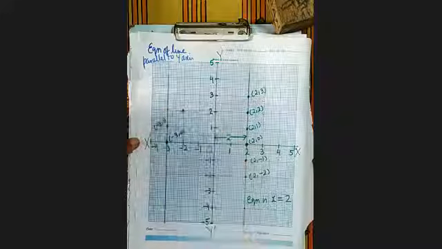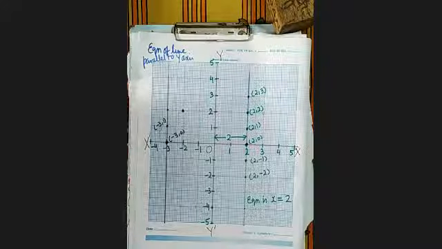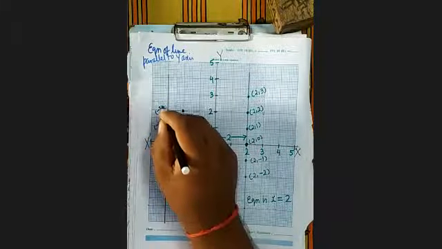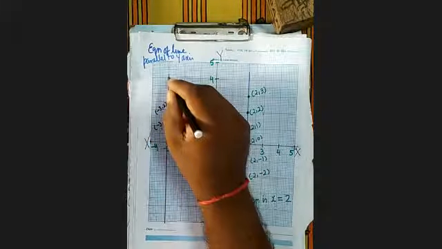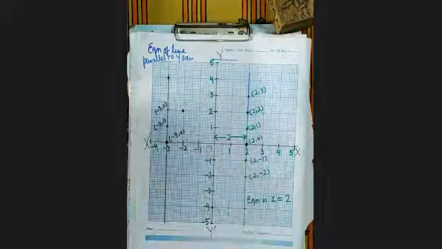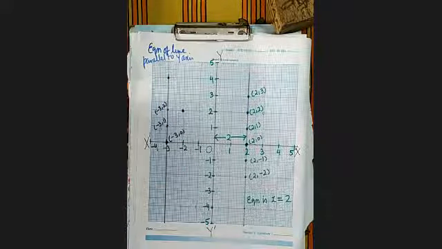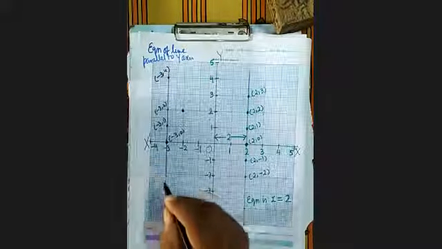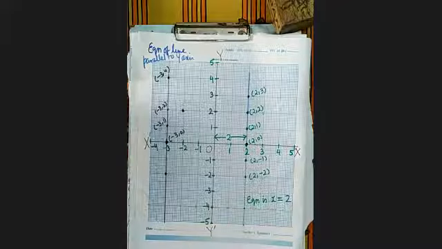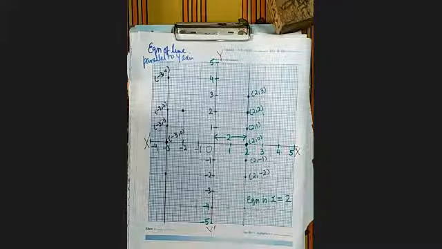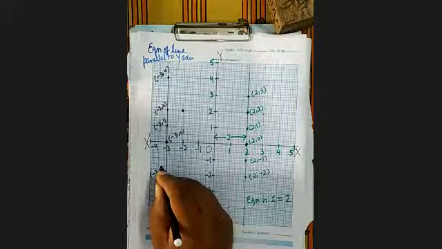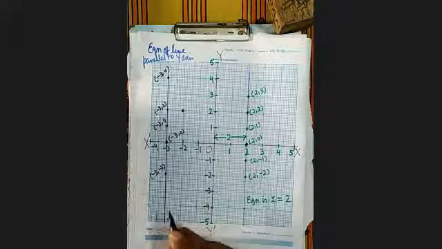Here this point: -3, -1. -3, 2. This point: -3, 4. Here this point: -3, -2. So what will be its equation?